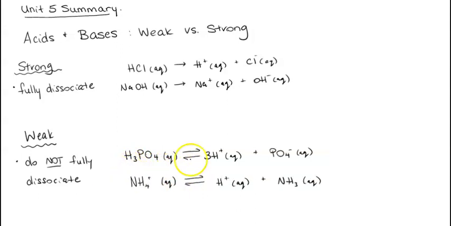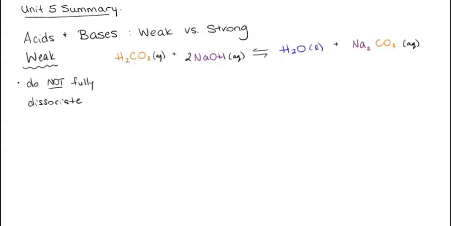Because the substances are constantly dissociating and reforming, it's really hard to predict the moles of product at any given time, since we're not sure how much is in ionic form and how much is actually in the original compound. So if we're going to use balanced equations to make predictions about amounts of acids and bases, those acids and bases must be strong ones, so that we know the equation represents a one-way reaction.